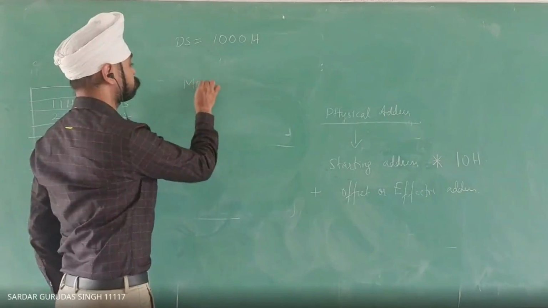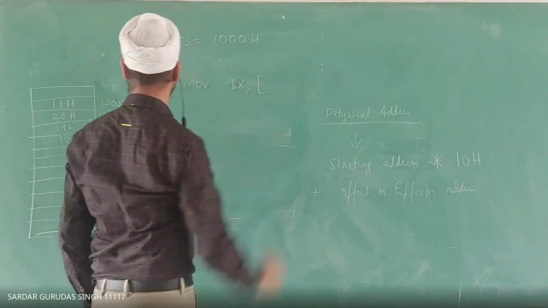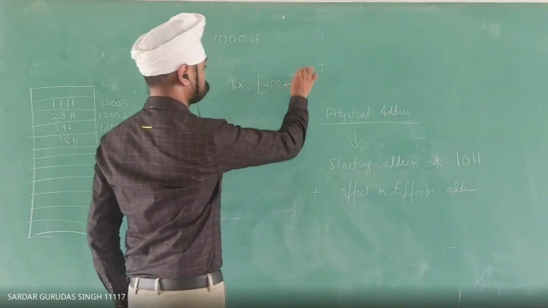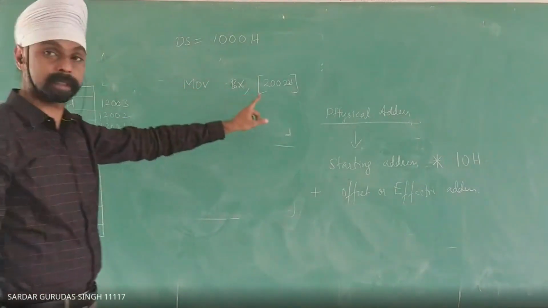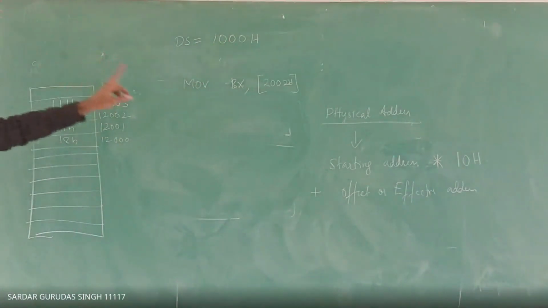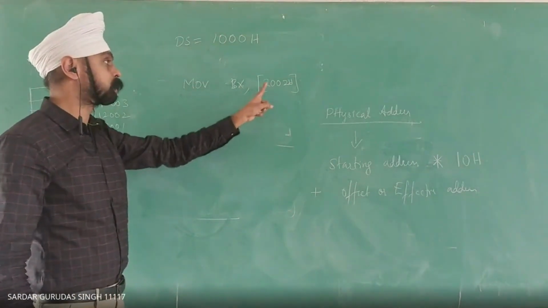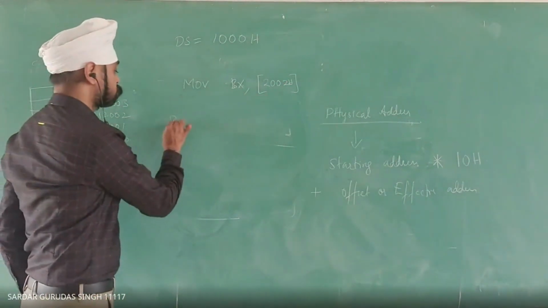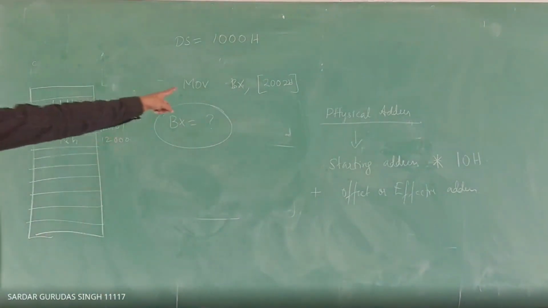Now, if I write MOV BX, comma, under the square brackets 2002H, then what will be the content in BX after executing this instruction?